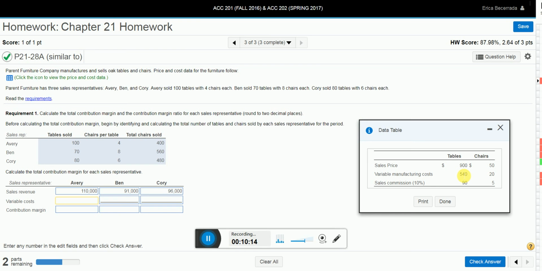Now for Ben, his total sales revenue is $91,000. We're going to multiply that by the 10%. We get $9,100 as his variable commission cost.